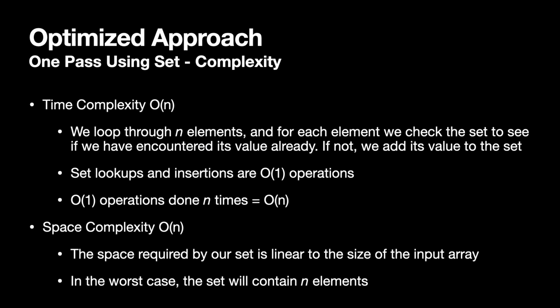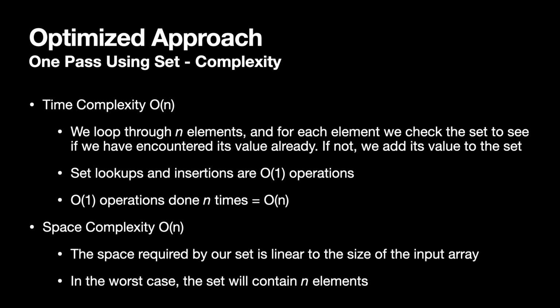The time complexity of this approach is O(n), or linear, which is much improved compared with our previous approach. We arrived at this time complexity because we look through n elements, and for each element, we check the set to see if we have encountered its value already, and if not, we add its value to the set.